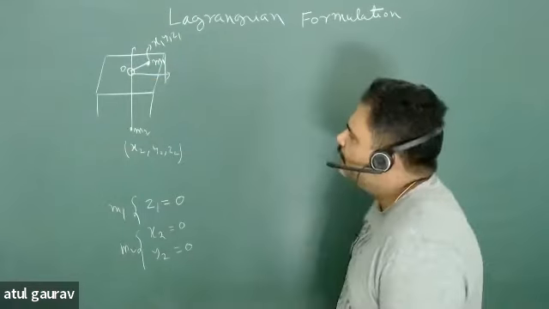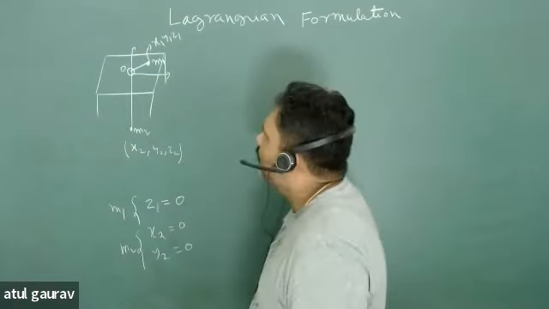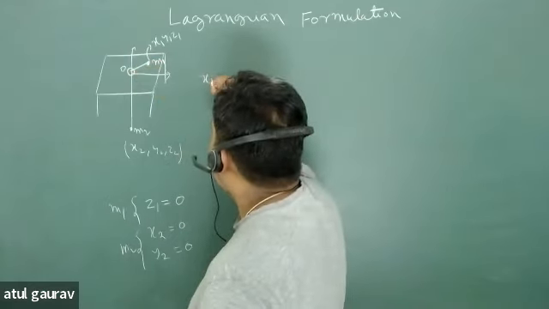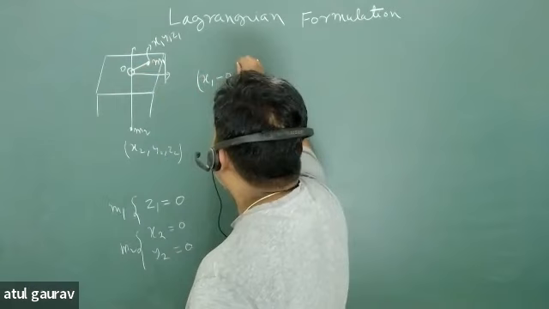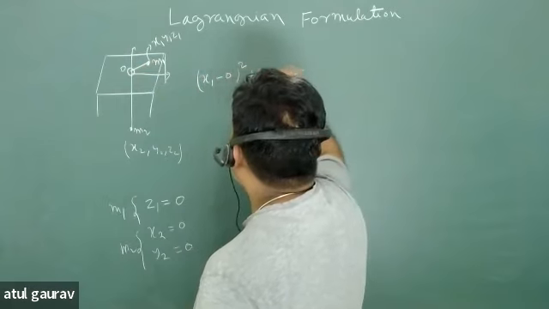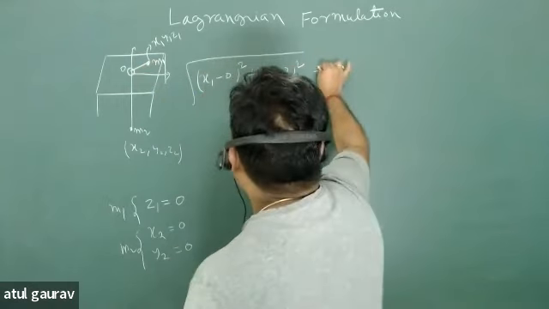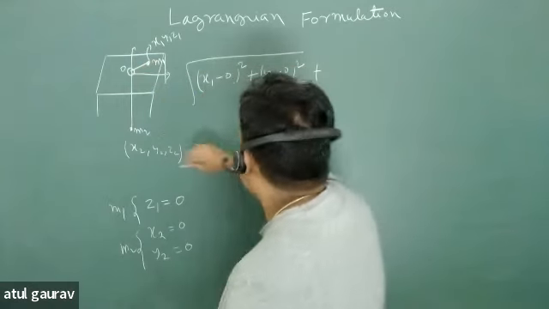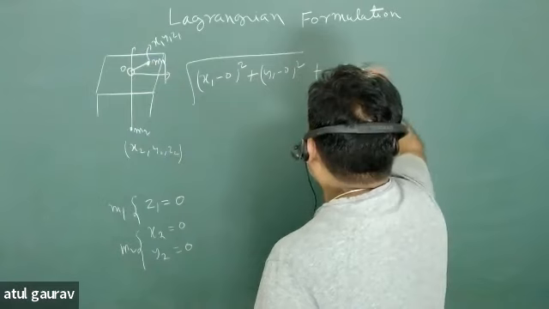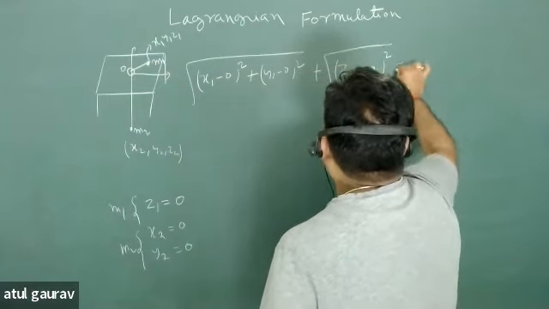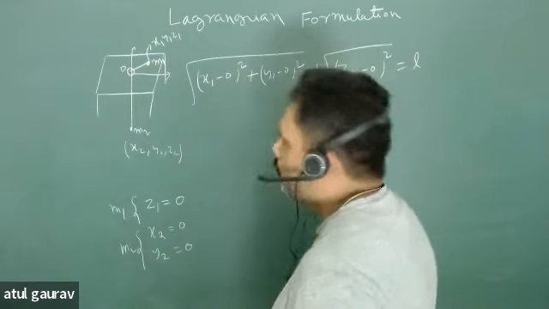So we have to use the distance formula. What is this distance? This distance is the square root of x1 minus 0 whole squared plus y1 minus 0 whole squared, plus what will be this distance? This distance is nothing but the square root of z2 minus 0 whole squared, is equal to L.